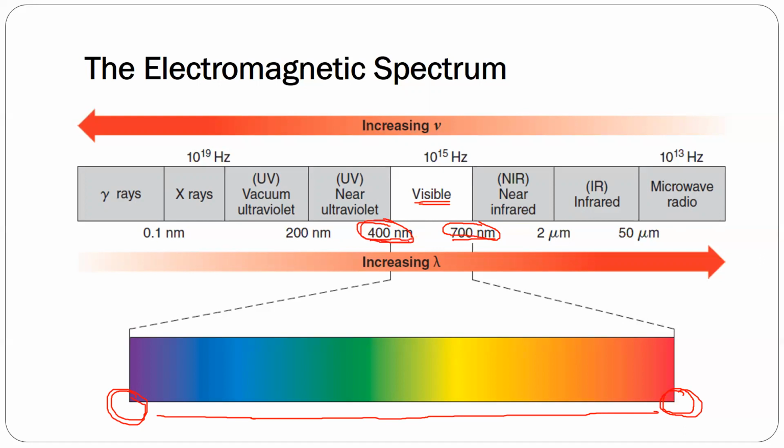Remember that frequency and wavelength, they are inversely related. So the lower the wavelength, the higher the frequency, and the higher the frequency, the greater the energy. So the purple part will be more energetic as compared to the redder part.